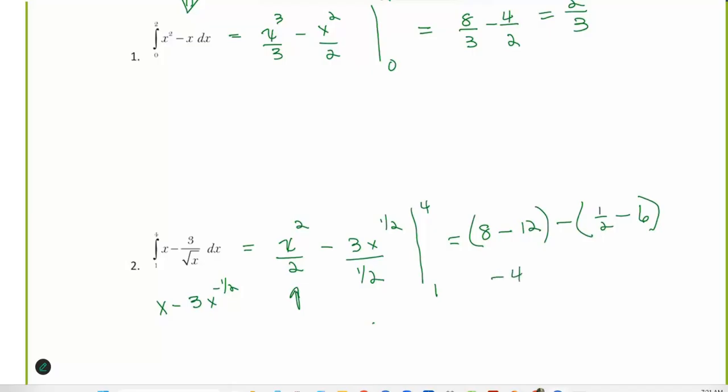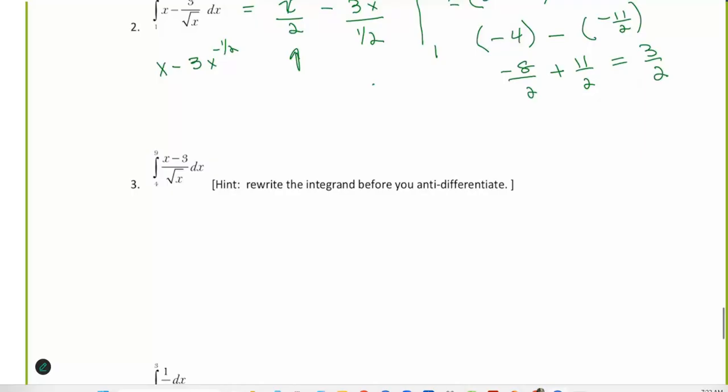I have negative 4 minus, what is that going to be? Well, this is 12/2. So 1/2 minus 12/2 gives me a negative 11/2. And now I have this, so let's make this negative 8/2 plus 11/2, and that's going to give me 3/2, which you can check with the calculator.